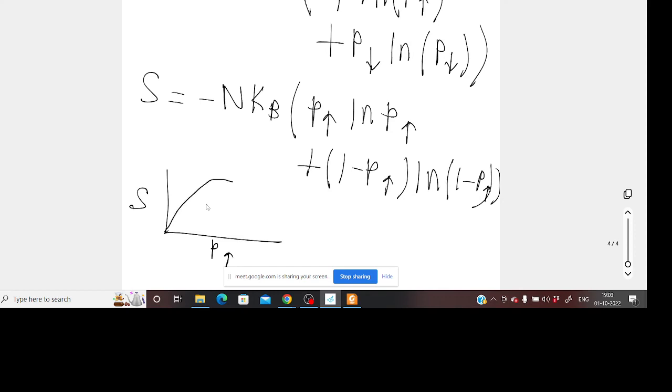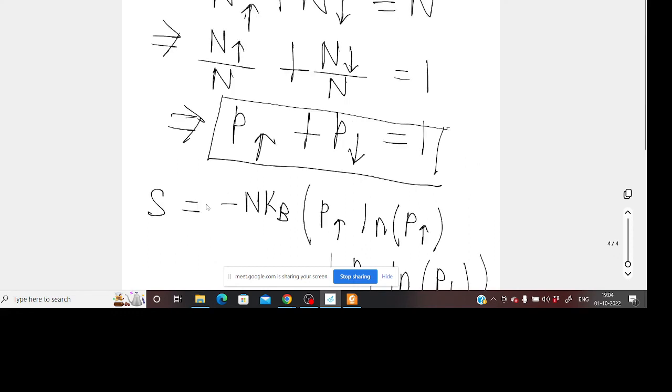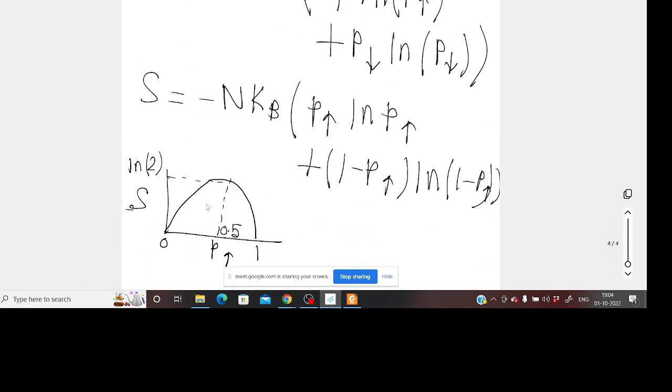It will be like this: for p equal to 0 and 1, entropy is 0, and for p equal to 0.5, this is maximum. So this we have derived explicitly. Is it clear, or any question here?